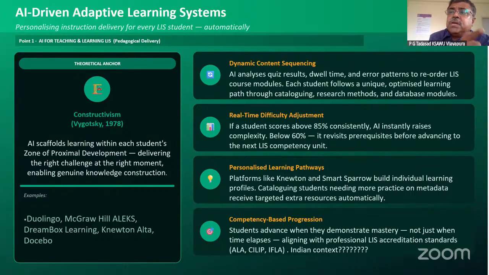So AI scaffolds learning within each student's zone of proximal development. Each one of them has their own developmental stage. So AI can really act as a tool, and AI-driven adaptive learning systems can help in these aspects.